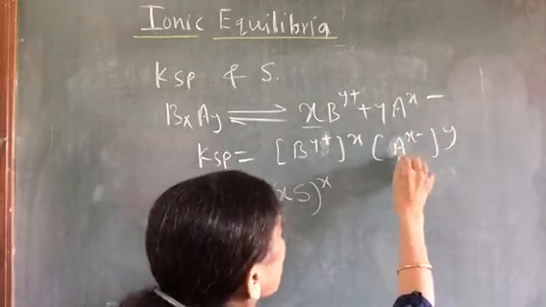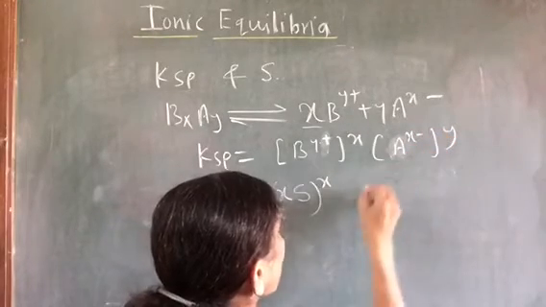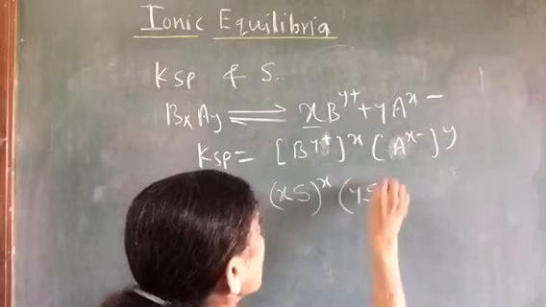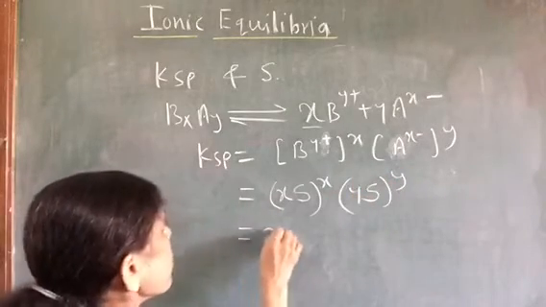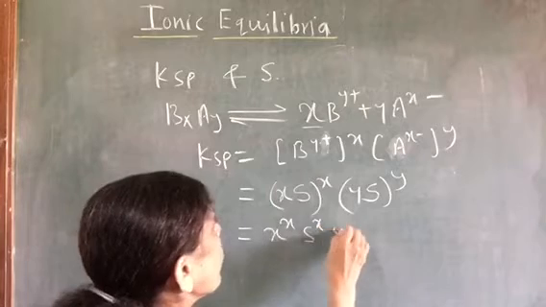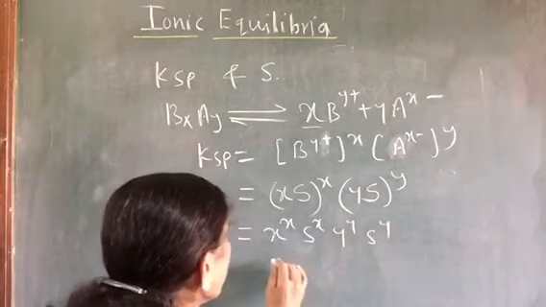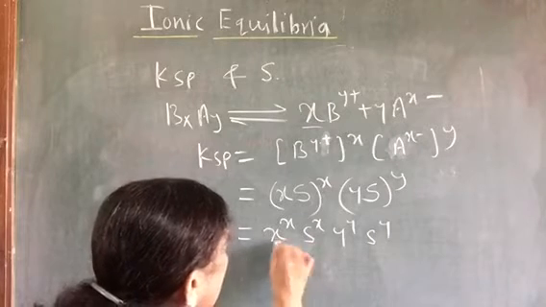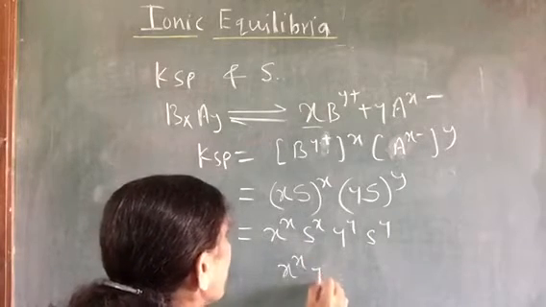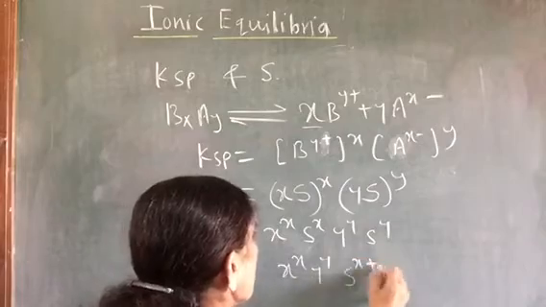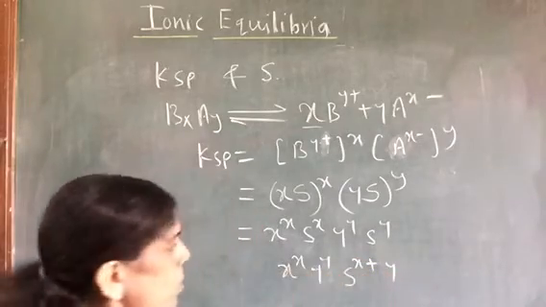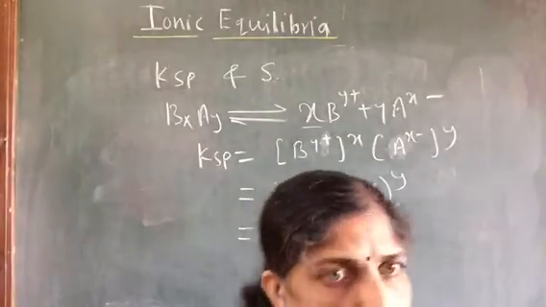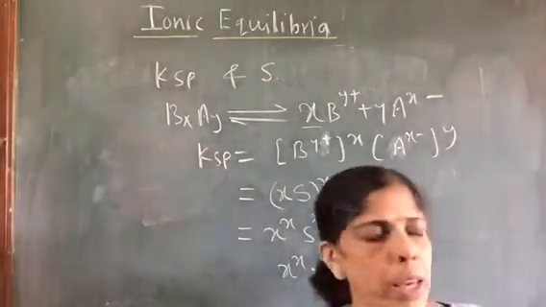So we will have x^x y^y S^(x+y). Okay, so this is the relationship between solubility and solubility product for a general salt BxAy.